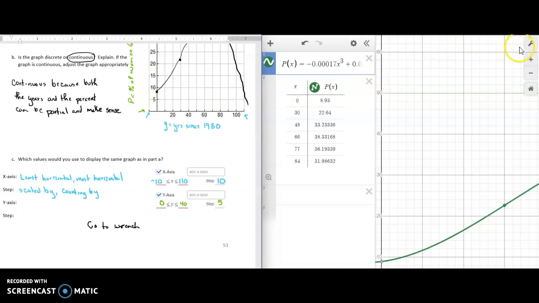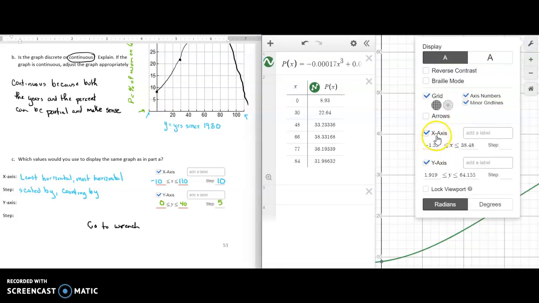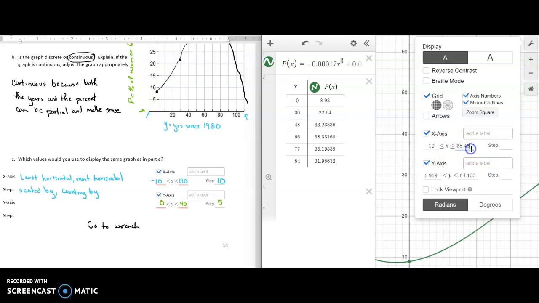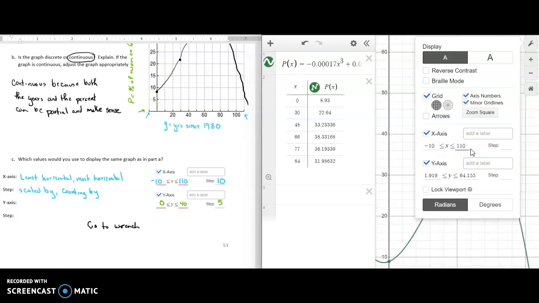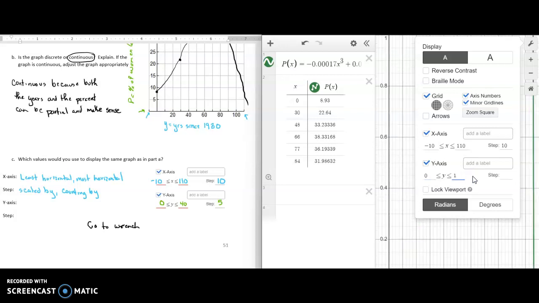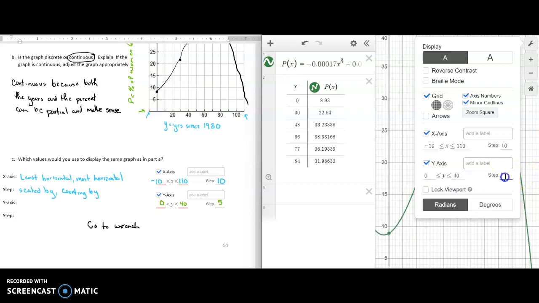If I go to the wrench, it's over here on the right, or it's at the top if you're on your phone. Halfway down, you see it says -1.52 and 38.48. So we're going to change these to -10 and 110, count by tens. And then the y-axis, or our output axis, we went from 0 to 40, and we counted by fives.